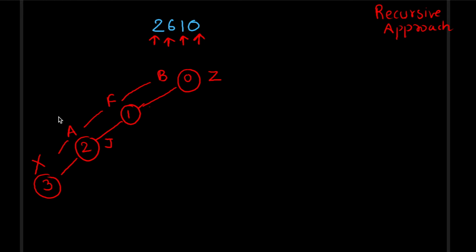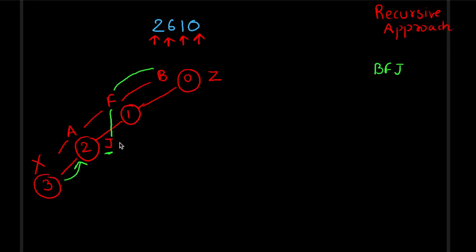So we will move back to index 2. Now we could choose J. J is a valid option. So BFJ is a valid decoding of the given integer string.